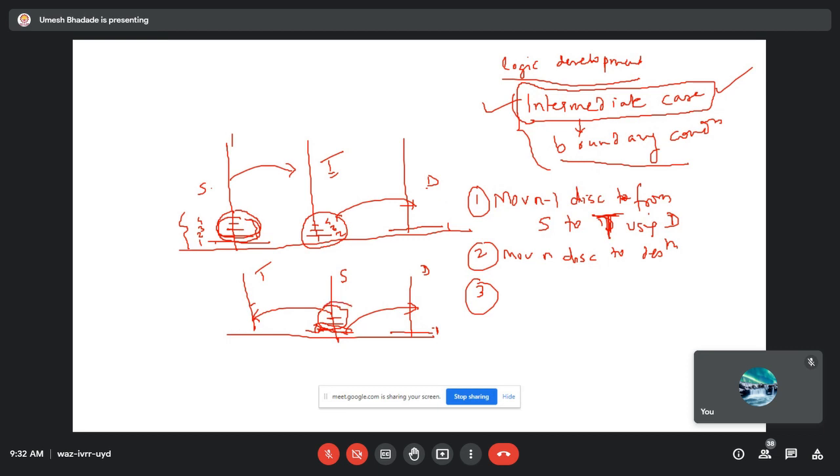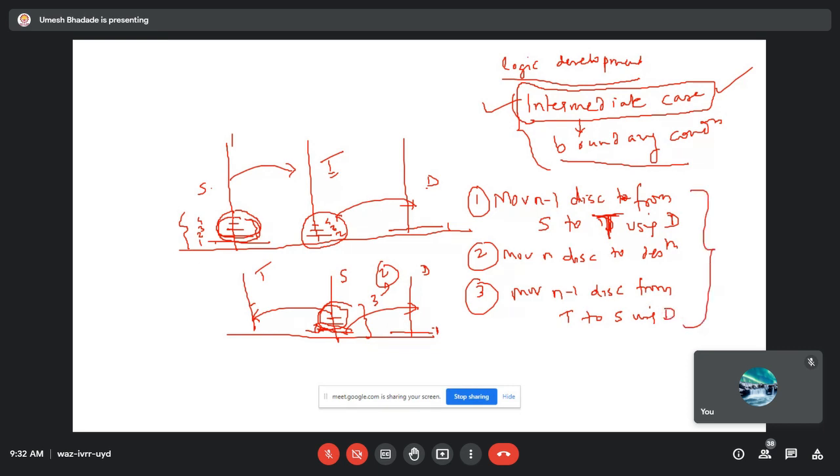Now what is our task? 3 are remaining. So out of these 3, 2 we have to shift to temporary, right? So move n minus 1 diskette from temporary to source using D we can do, right?